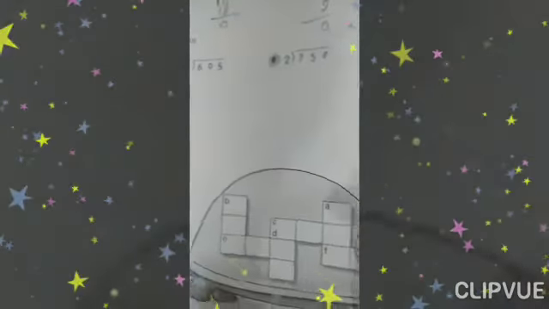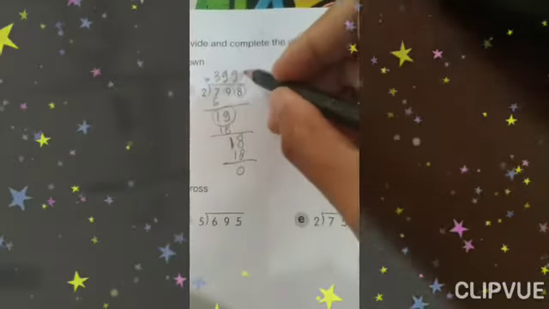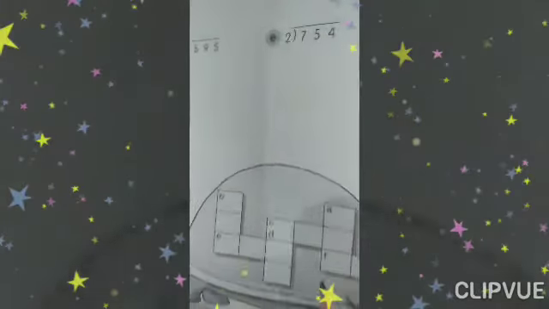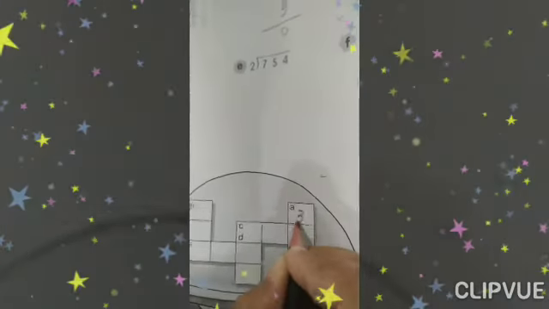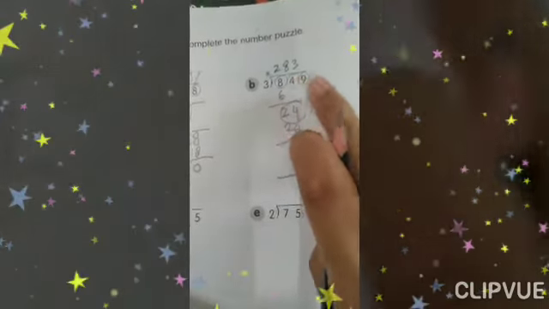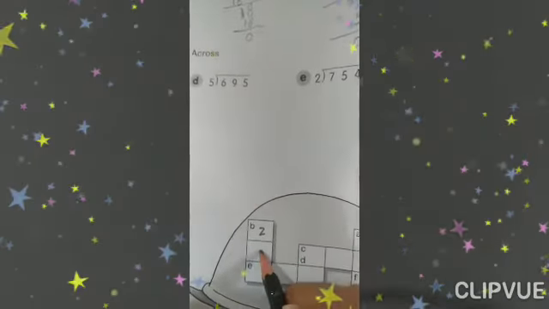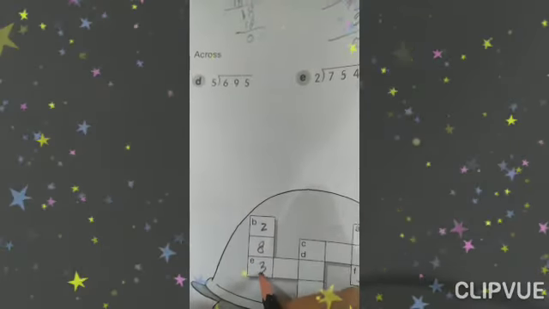This is for down. So we can check for down. For A, we can write this 399. And then for B, 283.